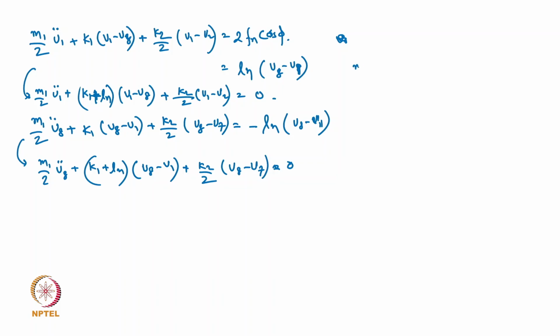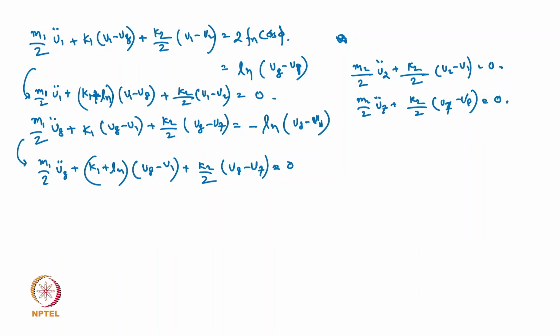The other two equations are m2 by 2 into u2 double dot plus k2 by 2 into (u2 minus u1), that is 0, and m2 by 2 u7 double dot plus k2 by 2 into (u7 minus u8), that is equal to 0.